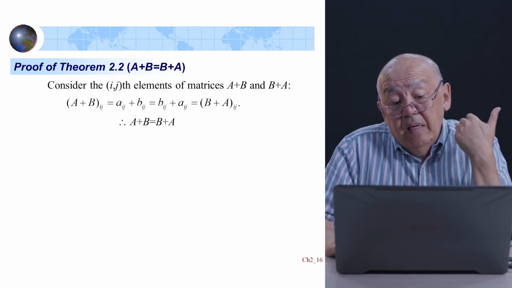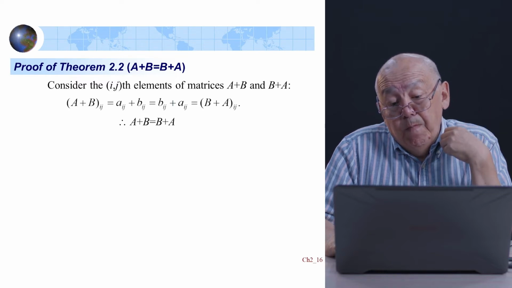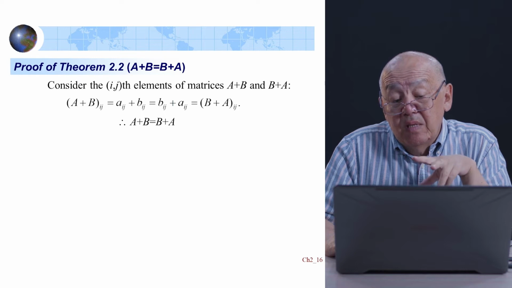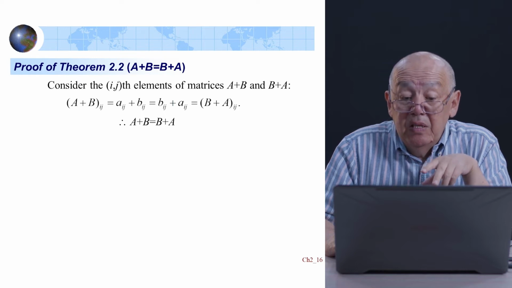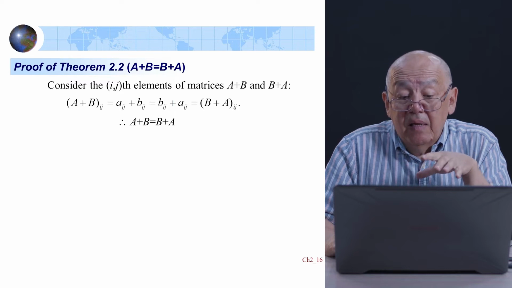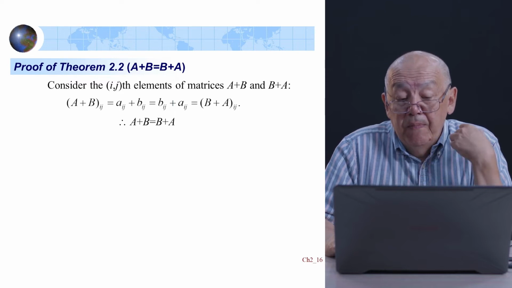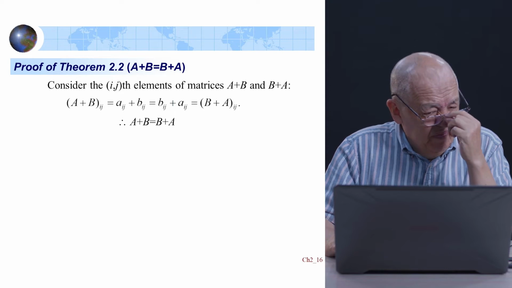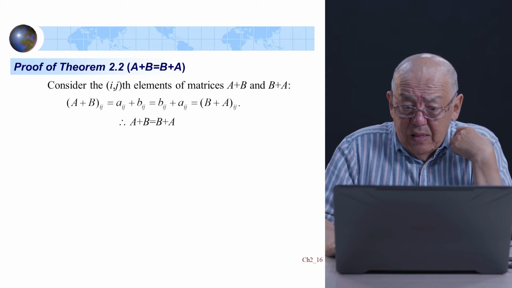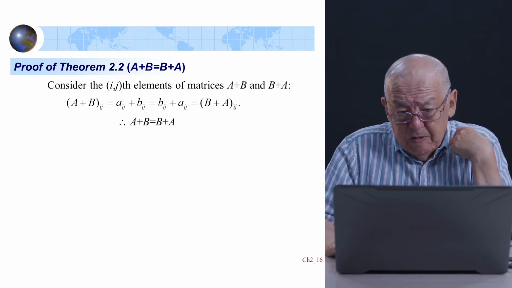This is Aij plus Bij. What is the ij entry of matrix B plus A? This is almost the same, just first Bij, then plus Aij. But as numbers, they are equal. So it follows that these two sums of matrices are equal: A plus B is equal to B plus A.